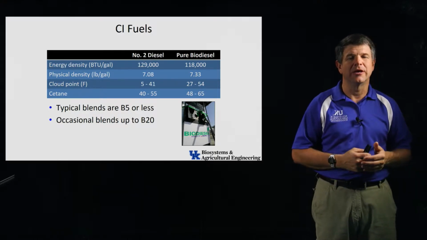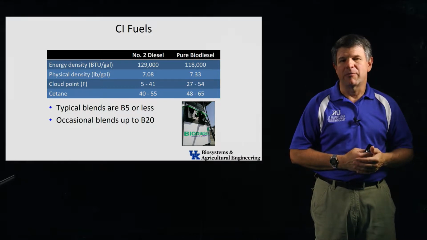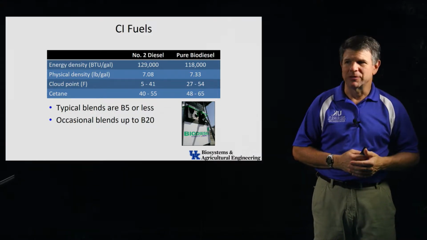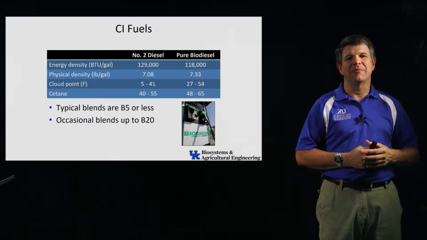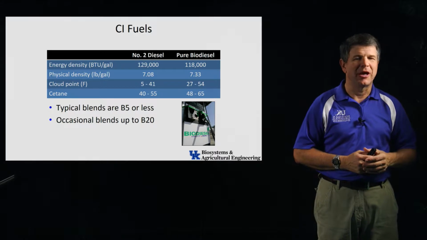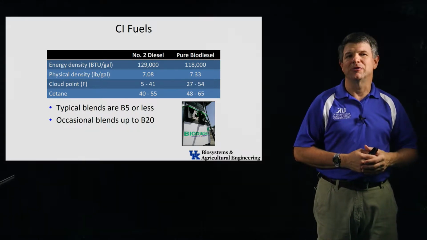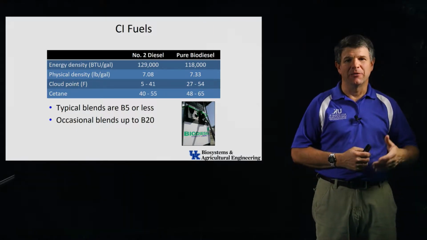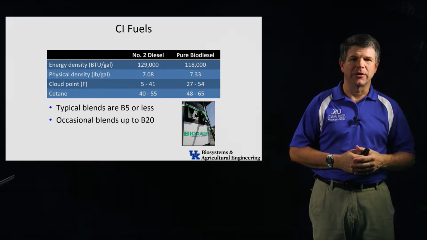So even though we can get it into the engine on a warm summer day, we might have problems on a cold day. And so there's lots of stories that people can tell about running machinery in the summertime, and they have biodiesel supplies in the summertime. In the wintertime, they go to move the thing in the barn, and all the fuel is gelled up because it was a summertime fuel, and it wasn't blended and didn't have the right additives and everything to keep it flowing in the wintertime.